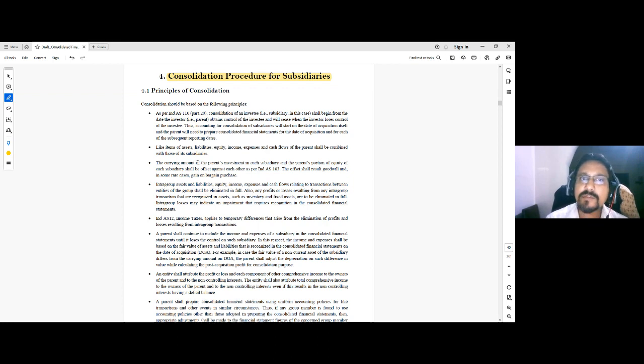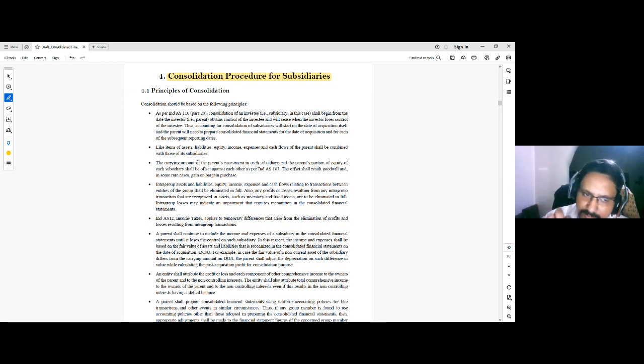Now, the carrying amount of the parent's investment in each subsidiary and the parent's portion of equity of each subsidiary shall be offset against each other as per Ind AS 103. The offset shall result in goodwill and, in some rare cases, gain on bargain purchase. That is, when you are consolidating, the other company's balance sheet will be merged with the parent company's balance sheet.